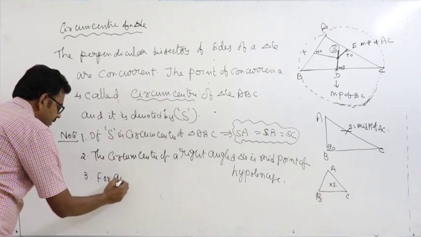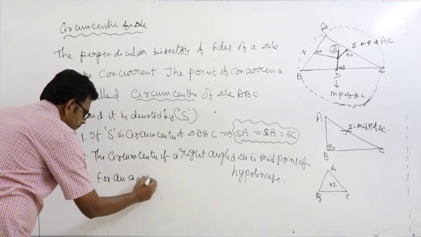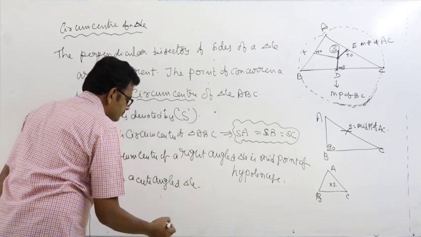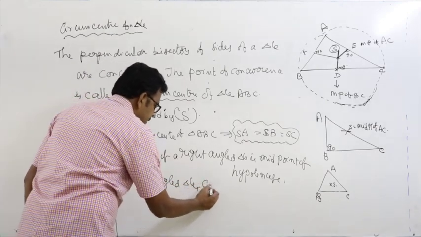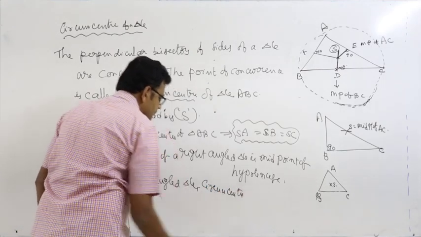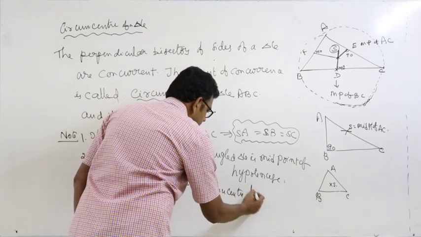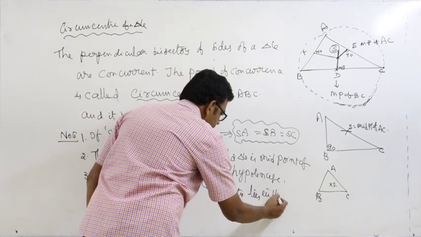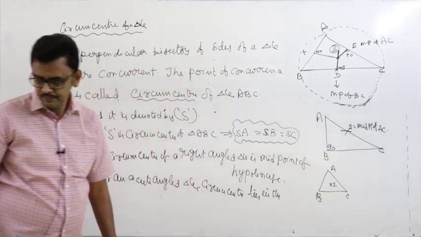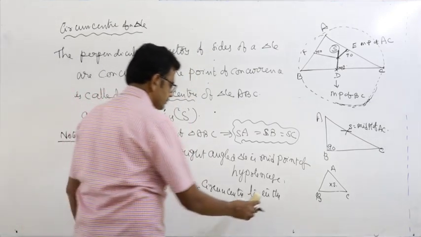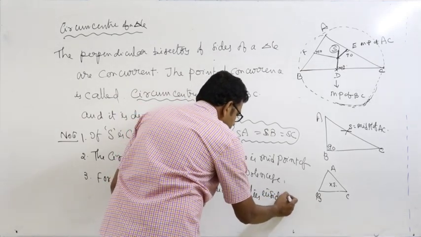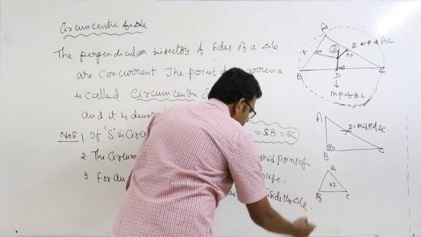For an acute angled triangle, the circumcenter lies inside the triangle.